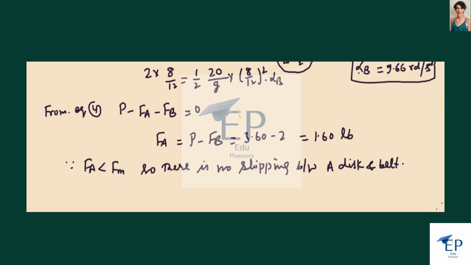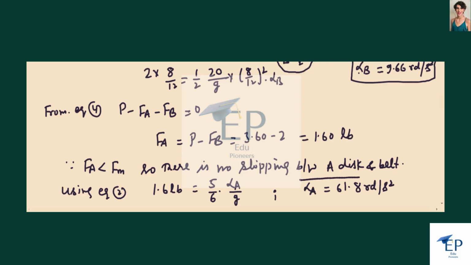So equation 2 is valid for it. So using equation 2, we can write 1.6 pound equal to 5 by 6 alpha A upon g. So from here alpha A you will get 61.8 radian per second square. That's all for this problem. Thanks for watching it.